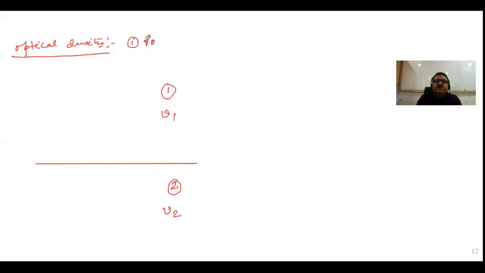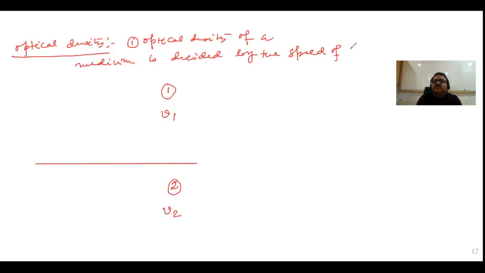The optical density of a medium is decided by the speed of light in that medium.